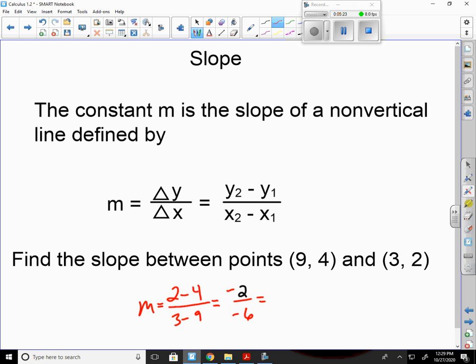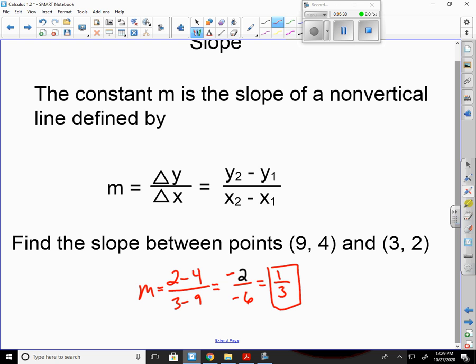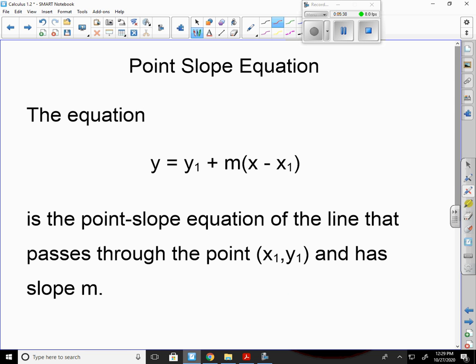Negative 2 over negative 6 is a positive 1/3. That's my slope of the line. Again, I hope we can accomplish slope by now. That's an Algebra 1 concept.